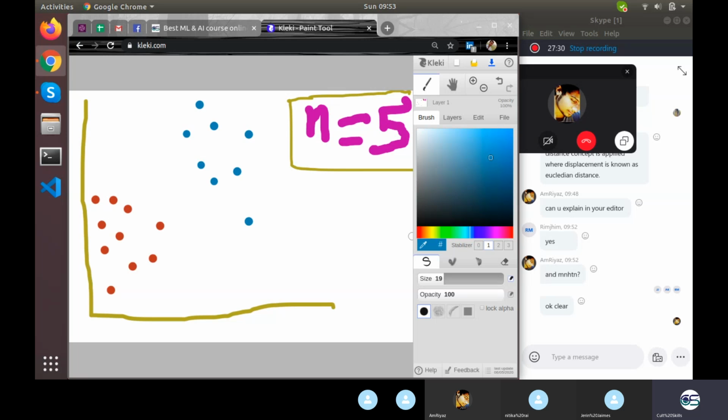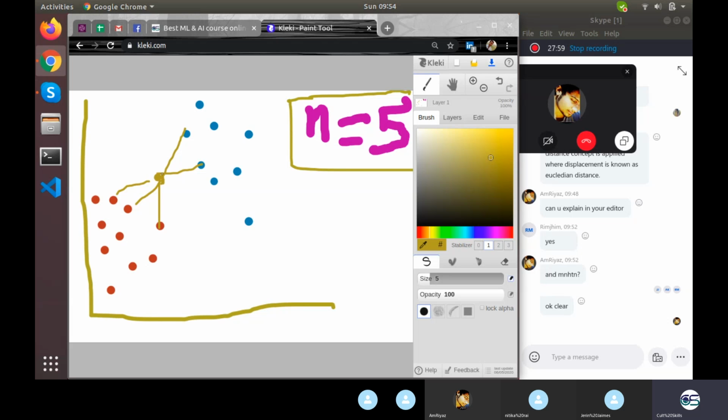Now the value of n is 5 and my point lies somewhere here. We calculate the distances and compare them all. We will find that this is the shortest, this is the second shortest, this is the third shortest, this is the fourth shortest, and this is the fifth shortest. Suppose we adjust with that, even if it is not so precisely true.